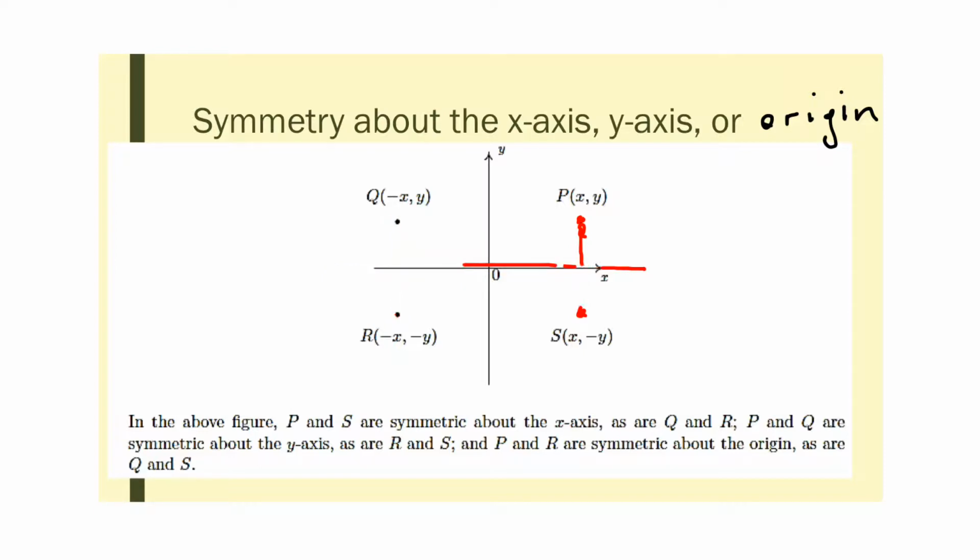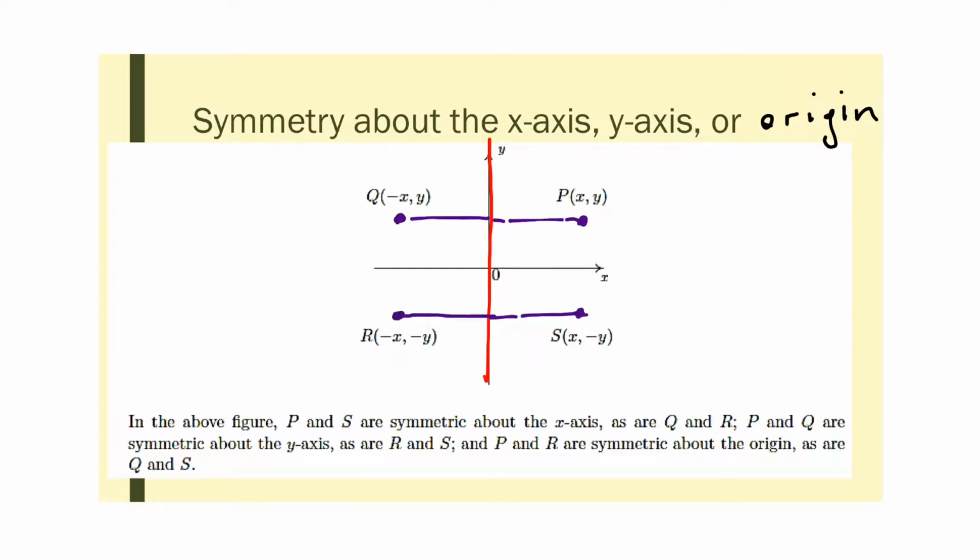Now if we're talking about symmetry about the y-axis, this is the fold line now. So that means this dot has got to wind up on top of this dot when you fold on that line. Likewise, this dot is going to wind up on top of this dot.